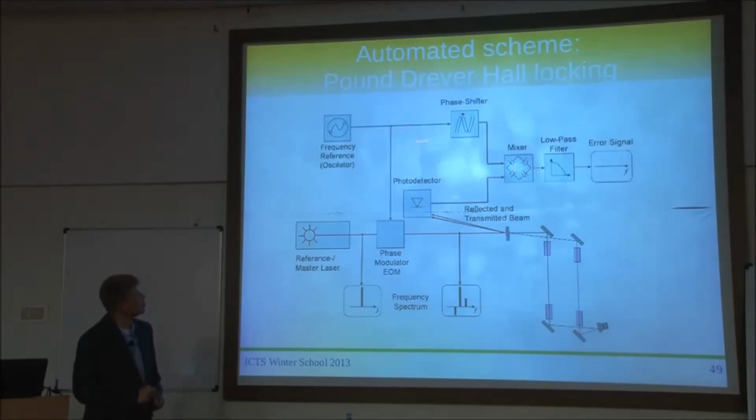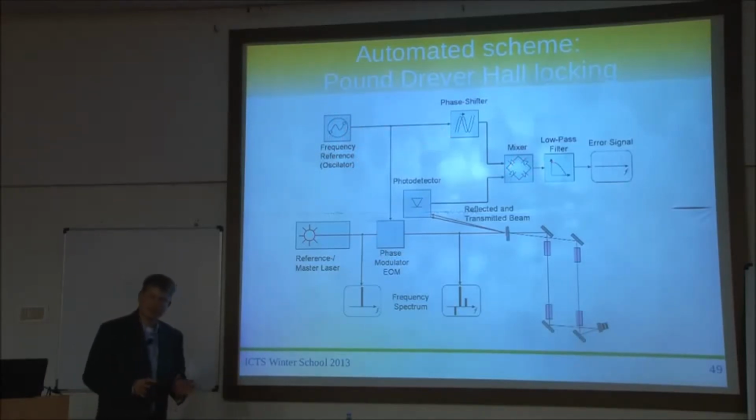On the other channel, you have a phase shifted signal of that local oscillator. If the two frequencies are the same, this mixer actually works as a phase detector. So you end up with an output signal which has an amplitude proportional to the phase shift of that system.